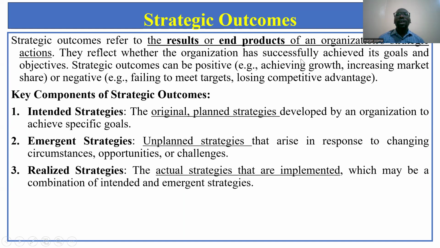They reflect whether the organization has successfully achieved its goals and objectives. So strategic outcomes can be positive, for example, achieving growth, increasing market share, or it can be negative, failing to meet targets, losing competitive advantage.